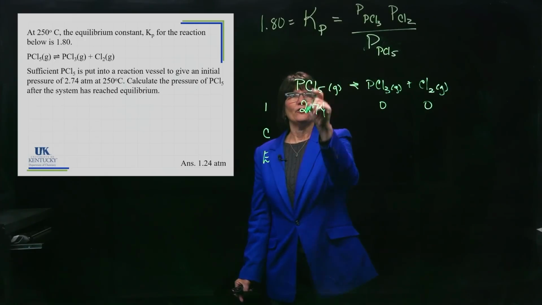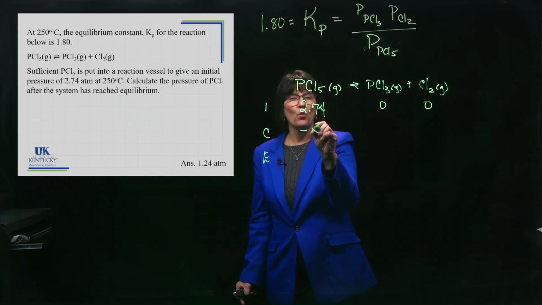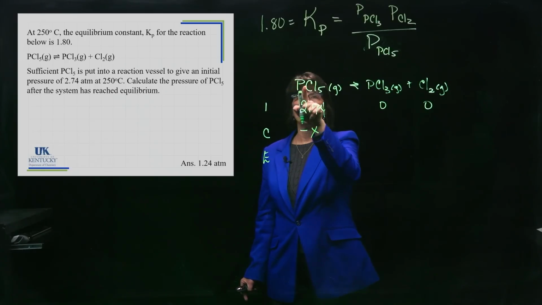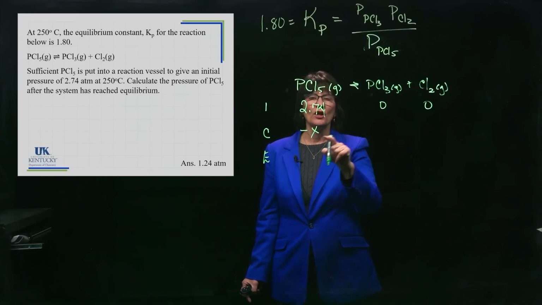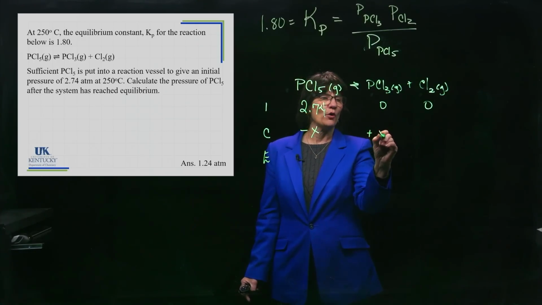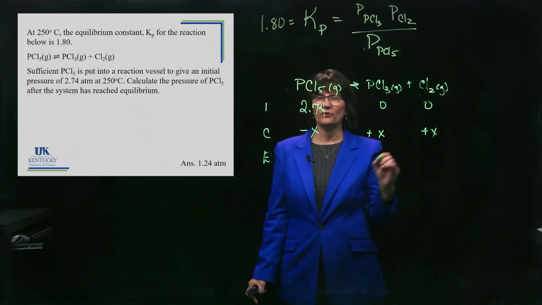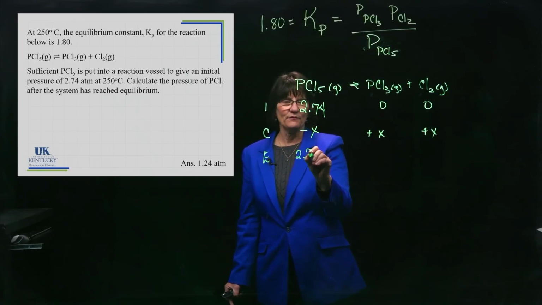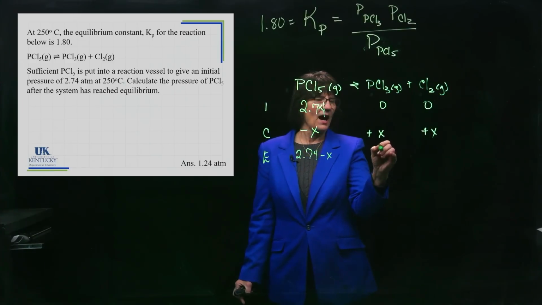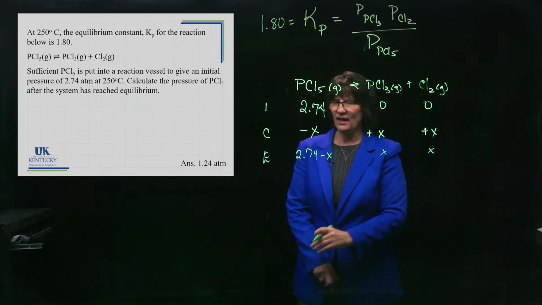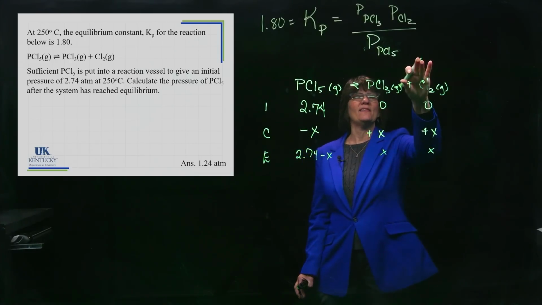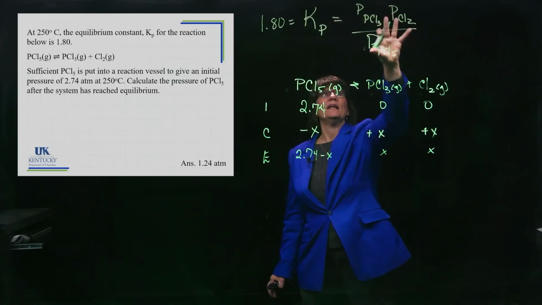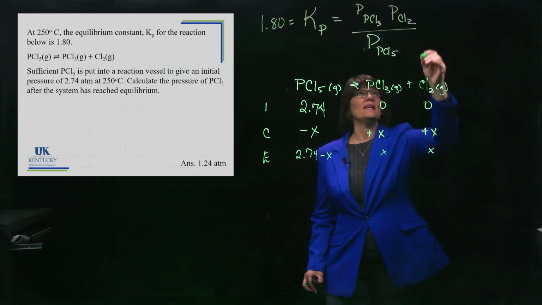But there isn't anything else. Every time one of these reacts, there's a 1 coefficient, so you're going to make one of these and one of these. So if X reacts, I'm going to produce these amounts. Now I have 2.74 minus X, I have X, and I have X. So now I have my E line, and I'm ready to take that E line and plug it into what I see here.